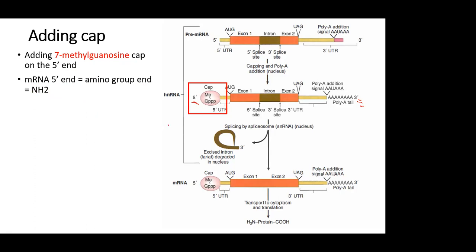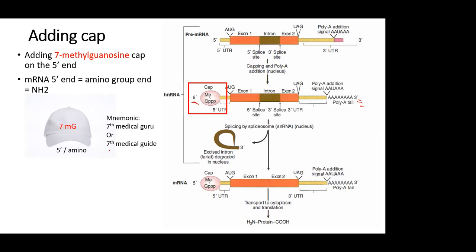A way of remembering this, I would use a symbolic representation, like a cap. I'll write it like 7 mg, like methyl guanosine, and the cap is on the 5 prime, which is called the amino group end. Another mnemonic I use myself: what is the 7 mg?